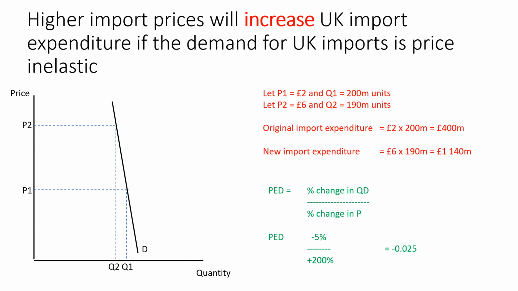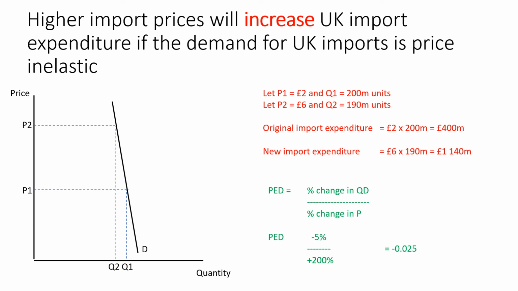So this just shows you that when price rises on a price inelastic demand, total expenditure on that product will go up. Again, if you're interested, you could work out what the price elasticity of demand would be in this case.